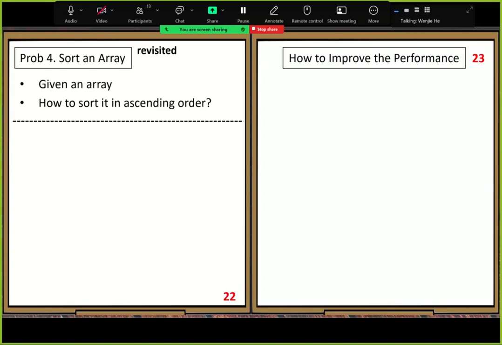So people feel we want to do some improvement.